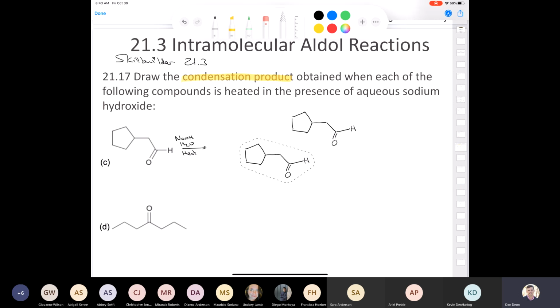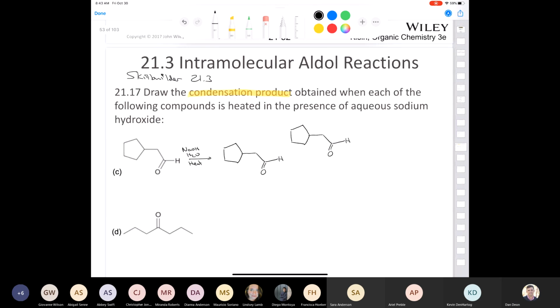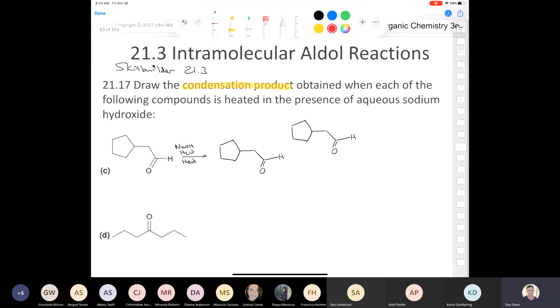You start by redrawing the aldehyde like that. You draw in the 2 acidic protons. You've got to have at least 2 acidic protons, so let's draw them in explicitly. Here's 1 acidic proton. Here's the other acidic proton.